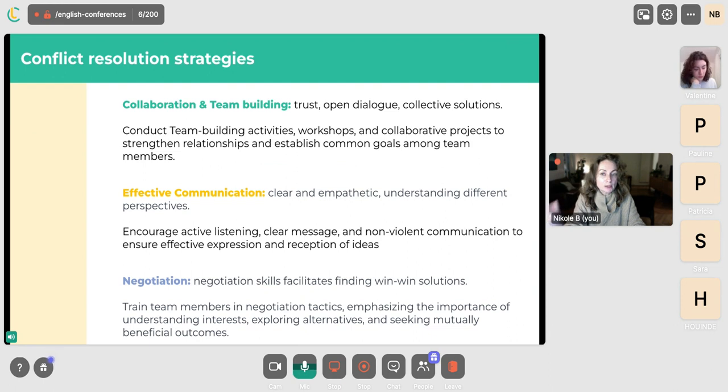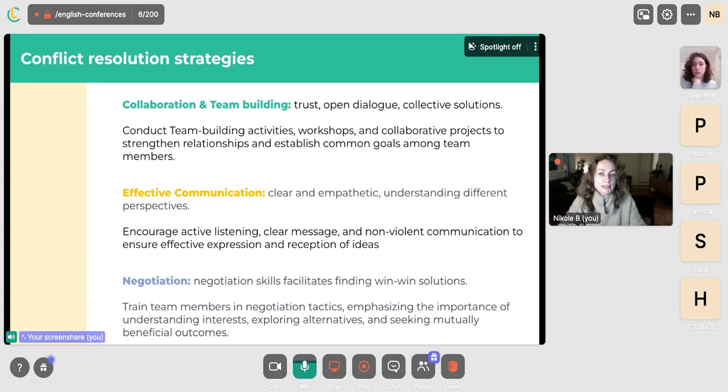Number 1, collaboration, team building. Okay? You want to make sure that you're building a team where there's trust, there's open dialogue, and when you come up with a solution, it's not just one person or 2 people that come up with the solution, it's collective, meaning the entire team comes up with the solution, okay?